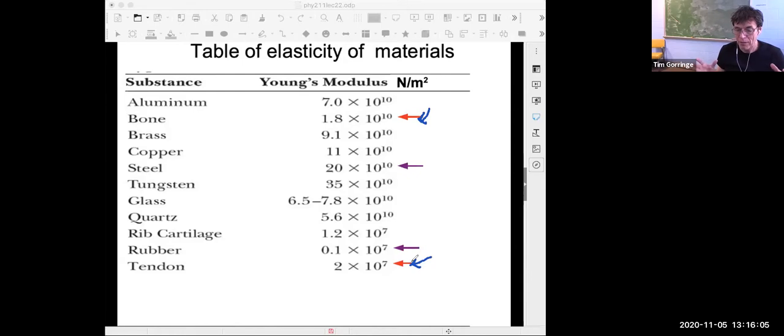And so in our bodies, we want both rigid materials and we want elastic materials. And bones are our rigid materials and tendons are our elastic materials. And just look at the difference, these natural materials of our bodies, between the rigidity, the Young's modulus of the bone, and the elasticity of the tendon. They're different by a factor of 1,000.